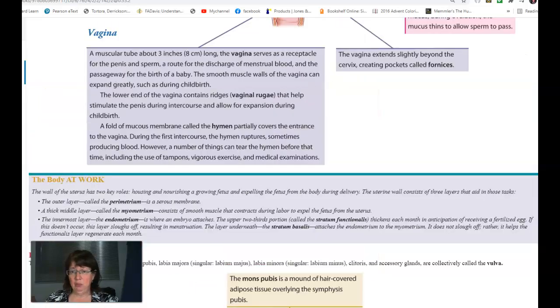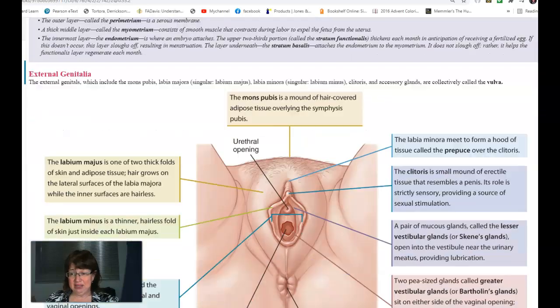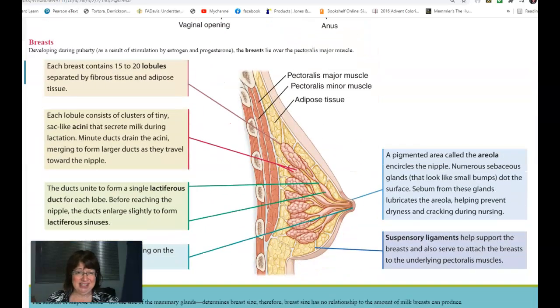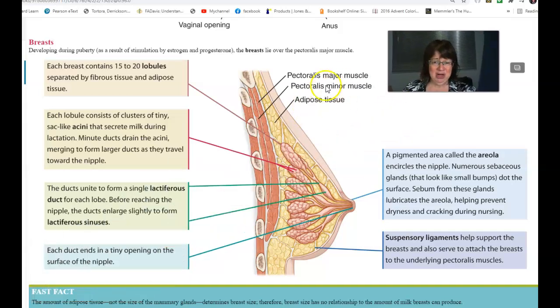Good. We'll just talk briefly about the breasts, more the fact that the breast is a secondary sex organ. And don't worry about all the terms with the breast. Just realize that the breast tissue contains these glands, and each one of these glands has a different opening, and the darker part is called the areola.